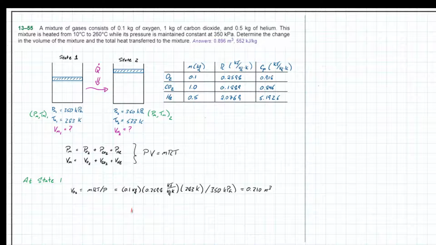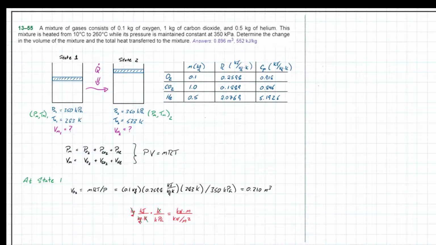Before moving on, let's just verify that the units work out. We have a kilogram times a kilojoule per kilogram Kelvin, multiplied by Kelvin, and divided through by kilopascals. So the kilograms cancel, the Kelvin cancel, and we end up with a kilojoule. A kilojoule is a kilonewton times a meter, and kilopascals are kilonewtons per meter squared.